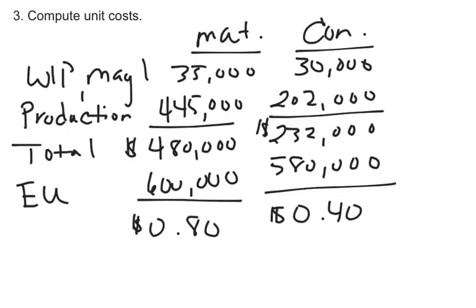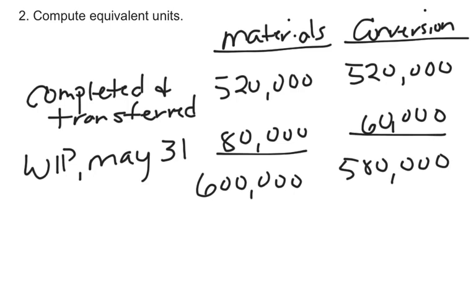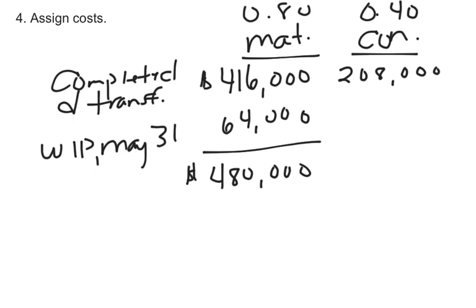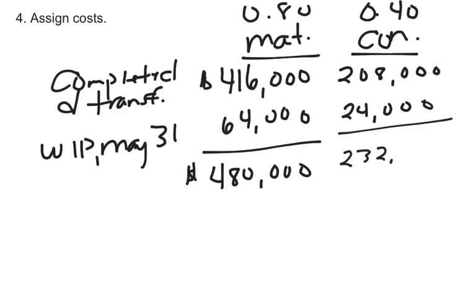For work in process ending balance, we had equivalent units of 60,000 units for conversion. So we apply that at 40 cents per unit, so that comes to $24,000 for ending. And that's a total of $232,000.